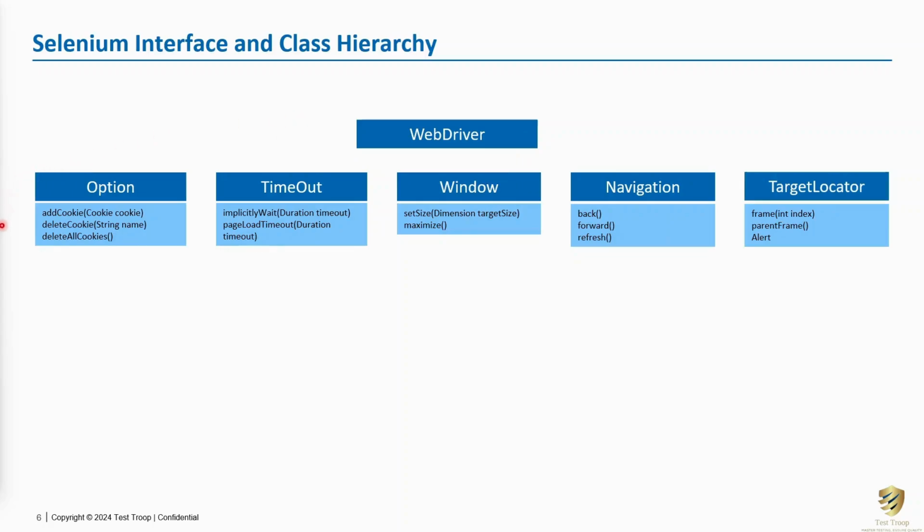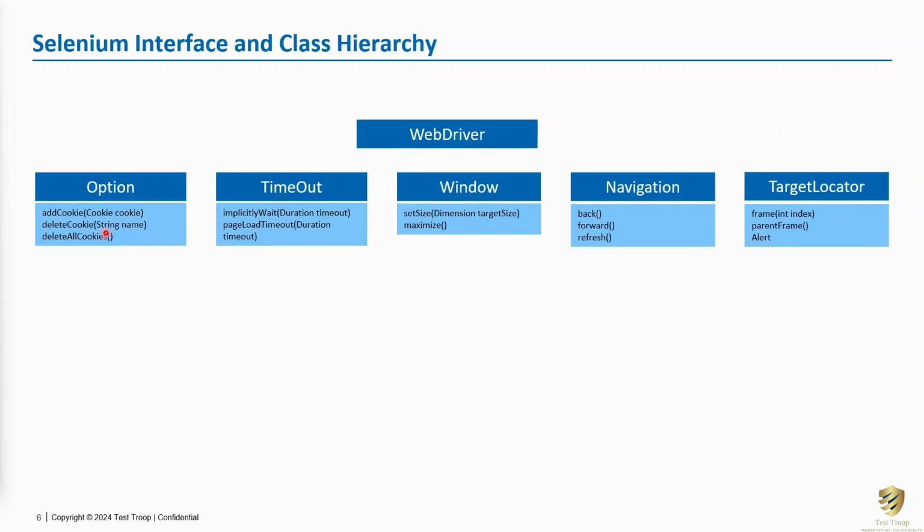WebDriver has the below interfaces, which are called inner interfaces. The first one is the Options interface. The purpose of this interface is to provide methods for interacting with the browser settings and configurations.